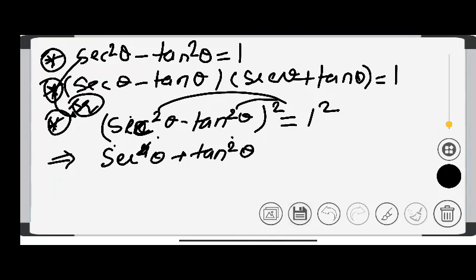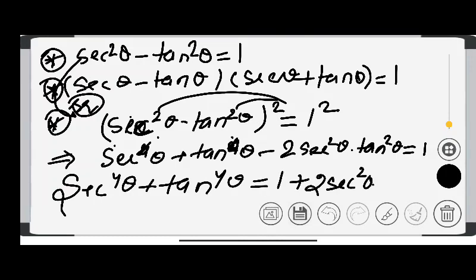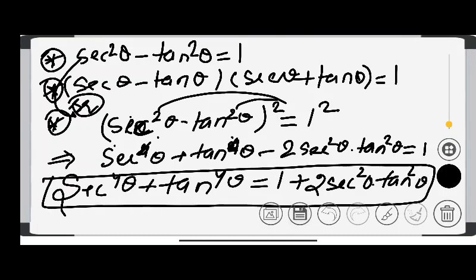So secant power 4 plus tan power 4 minus 2 sec square theta tan square theta is equal to 1. So secant power 4 theta plus tan power 4 theta is equal to 1 plus 2 secant square theta into tan square theta. This will be your identity. Remember this. Here plus will be used. In the previous two formulas, minus was used.